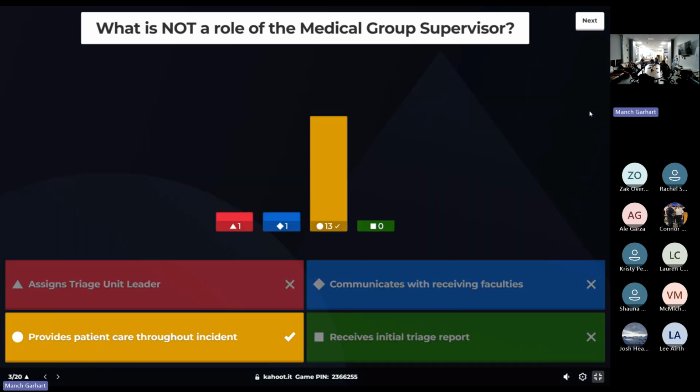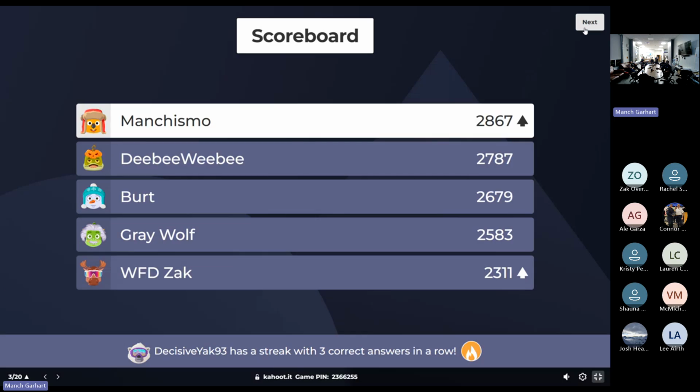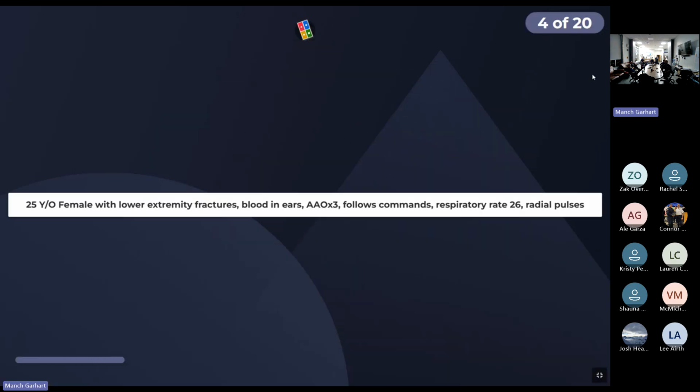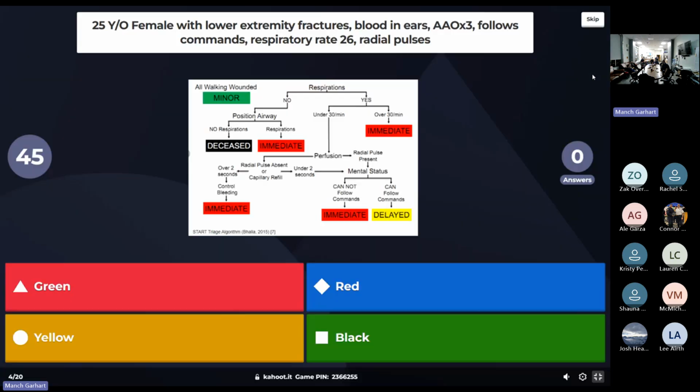So again, this is situational dependent, if we have the personnel available. Does that mean bilateral lower extremity fractures?